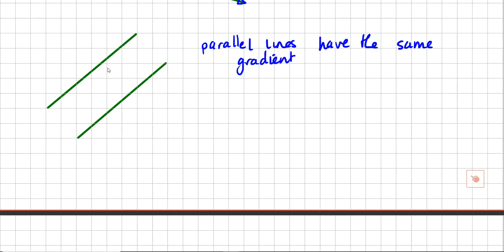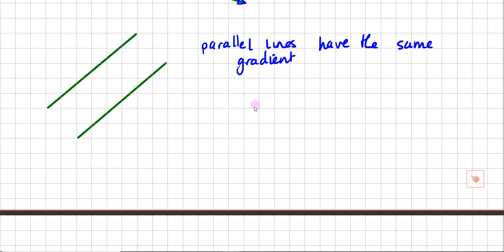So rise over run is the same. Right? So the same gradient means they're parallel. Yes, they'll never meet. If we were talking about two different cost models for plumbers, that means the two plumbers would never charge the same amount ever for the same time of work.